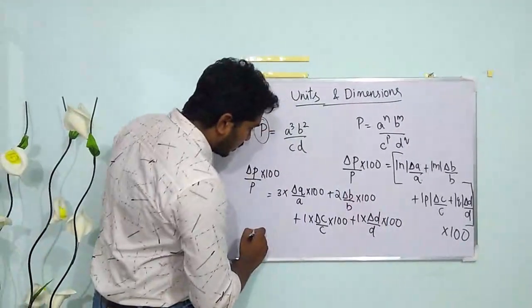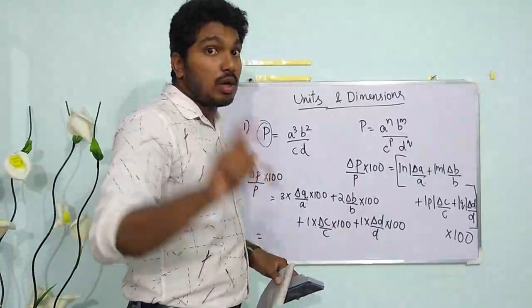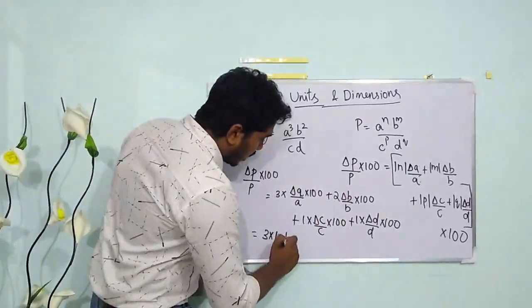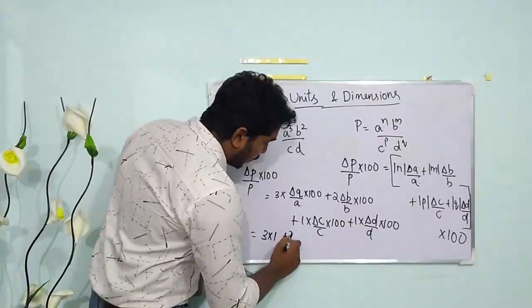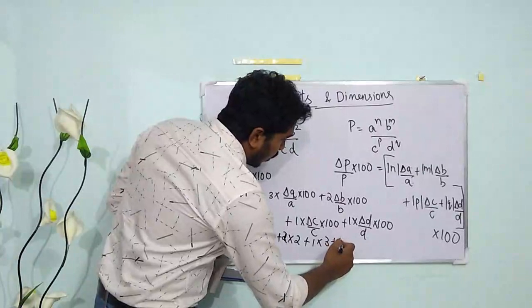What do you get? Delta A by A into 100 is given in the question, 1%. So 3 into 1% plus 2 into 2 plus 1 into 3 plus 1 into 4.